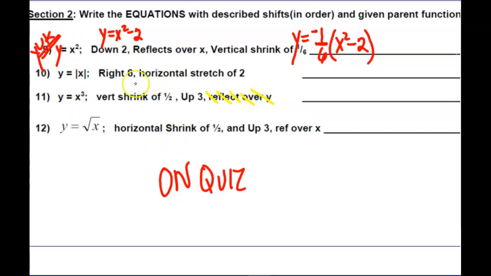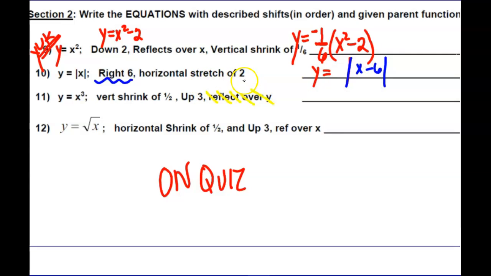Yuck. Okay. Right 6, horizontal stretch of 2. Where's right 6 gonna go? Inside or outside, guys? Right is inside, and it's the opposite of what it seems, so it should be minus 6.